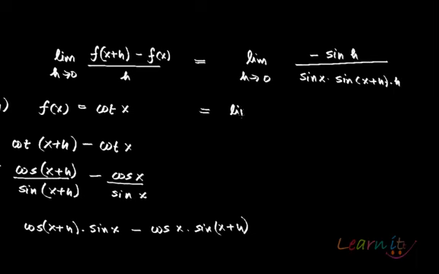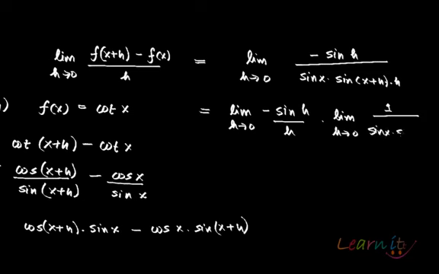So you can write this as the limit of h tends to 0 of minus sine of h by h, into the limit of h tends to 0 of 1 upon sine of x into sine of (x plus h).